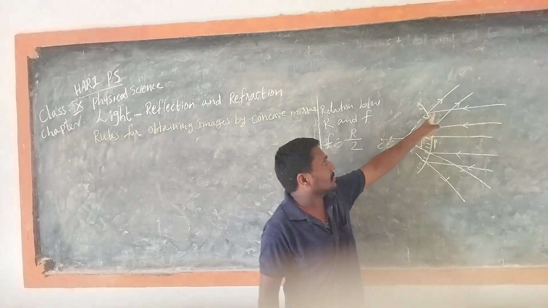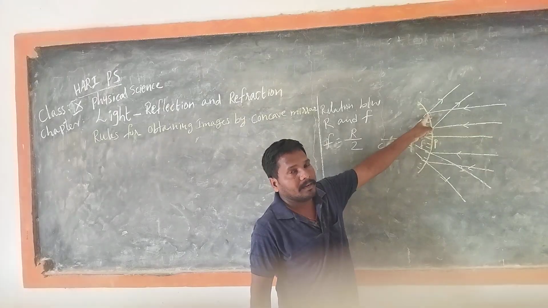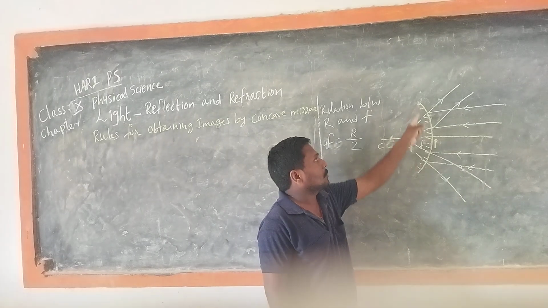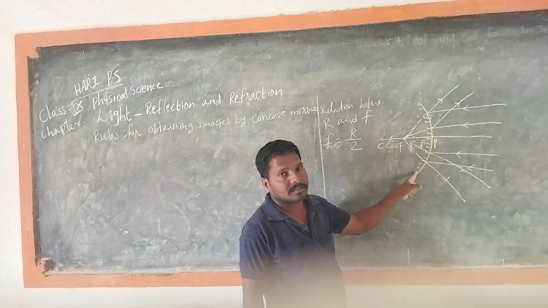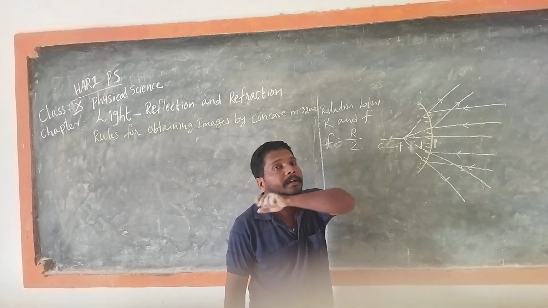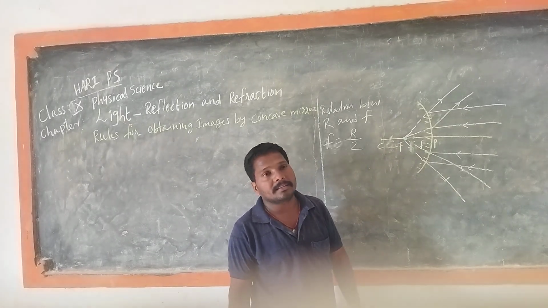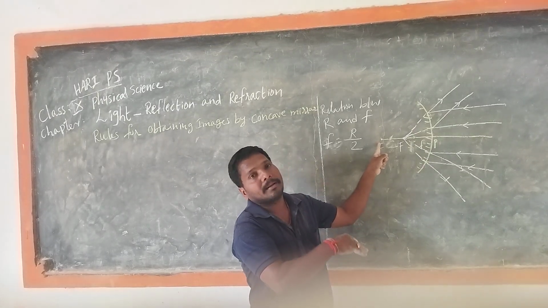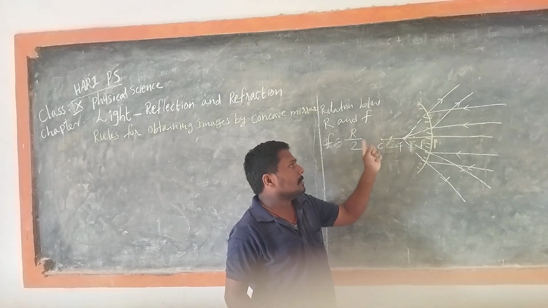If the light rays are incident like this, they reflect. This is the non-reflecting surface. In case of a convex mirror, the center of curvature is behind the mirror.